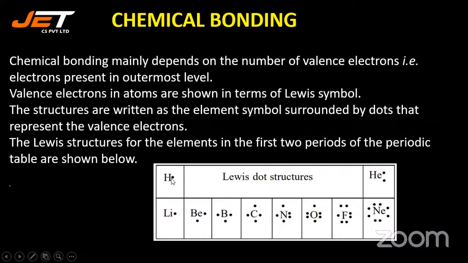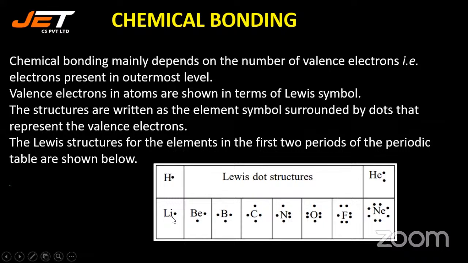So hydrogen with 1 dot means hydrogen has 1 electron. And helium has 2 electrons. These 2 electrons are the total number of electrons of helium, and they are also present in the outermost shell. That is the reason I have drawn that.